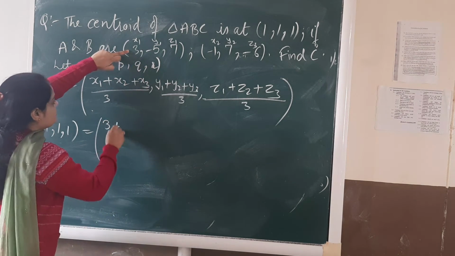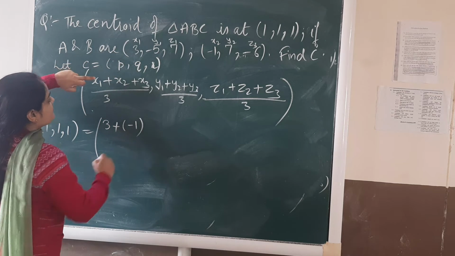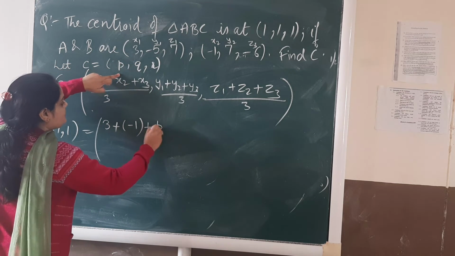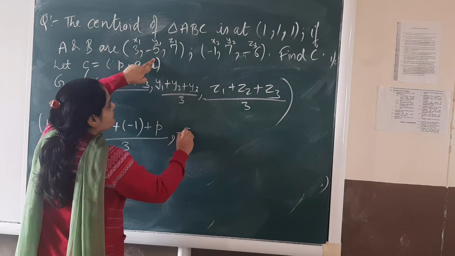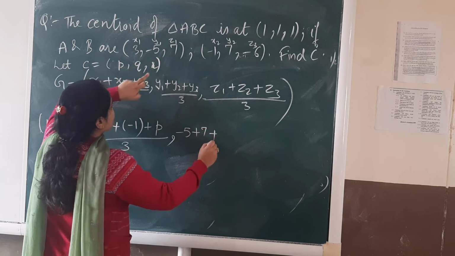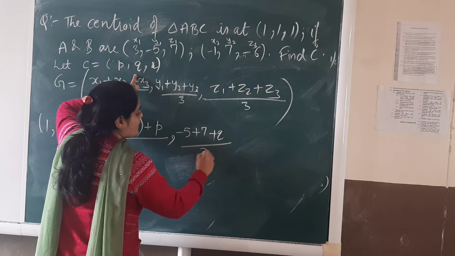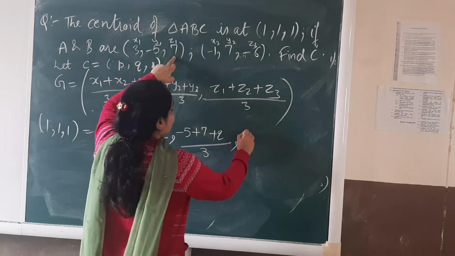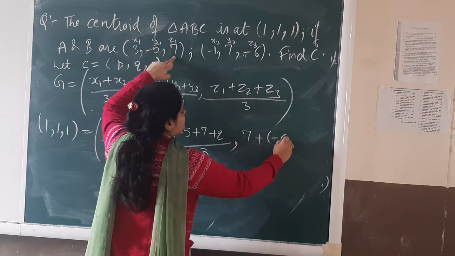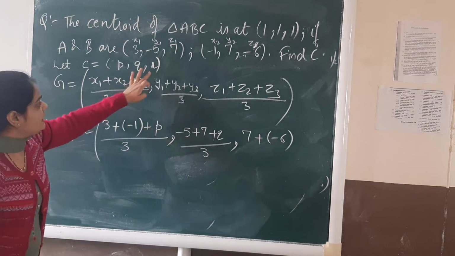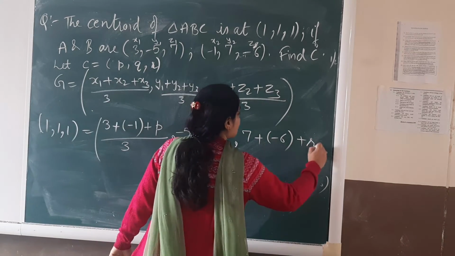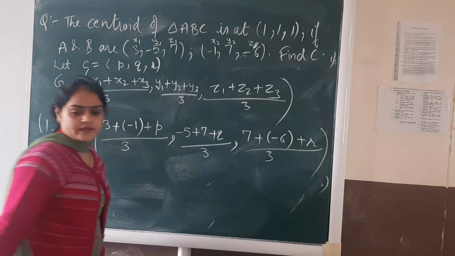It is 3, plus x2 is minus 1, and x3 is p upon 3. What is y1? y1 is minus 5, y2 is 7 and y3 is q upon 3. Then z1 is 7, z2 is minus 6 and z3 is r upon 3.